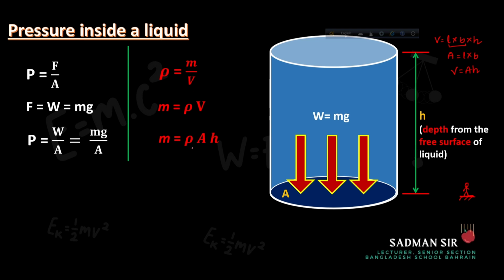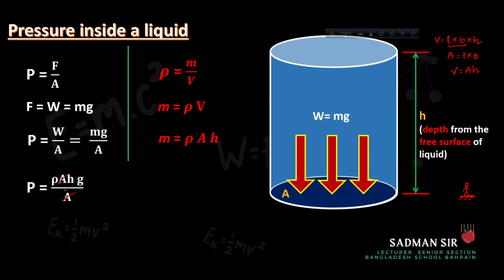So mass is equal to, we are getting rho AH. Now this mass we can easily replace by rho AH. So the expression will become P will be as it is, mass will be replaced by rho AH, and into G, G will be as it is, right? So you can see that there is A in the numerator and there is A in the denominator.